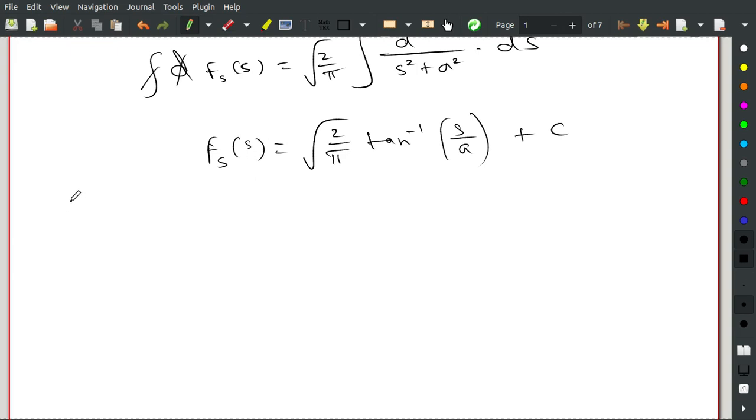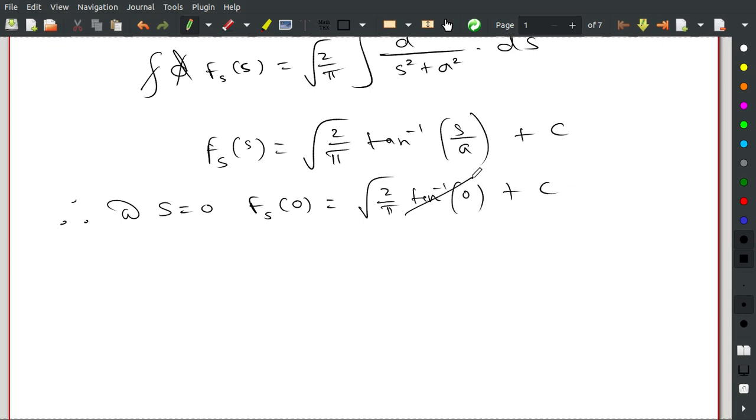Therefore at s equal to 0, the Fourier sine transform of 0 equals root 2 by pi tan inverse of 0, plus c. This is nothing but 0, therefore our c equals 0.